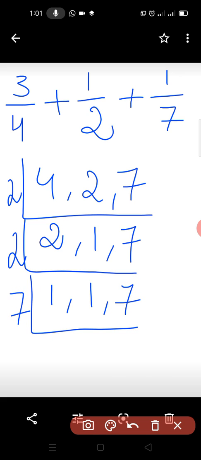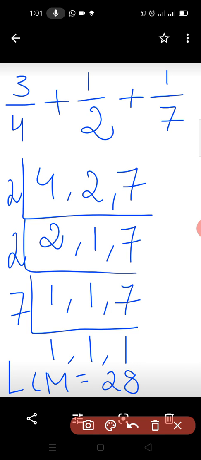With the 7 table, 1 1 1. 7 1s are 7. So the LCM is 2 into 2 into 7. How much? 2 2s are 4, 4 7s are 28. So the LCM is 28. This LCM is very important while solving this question.